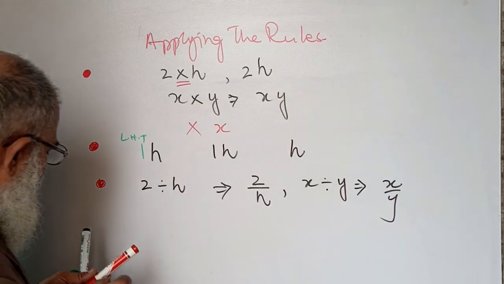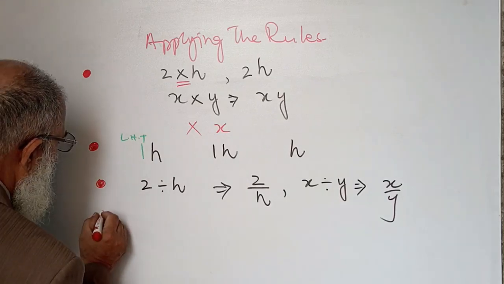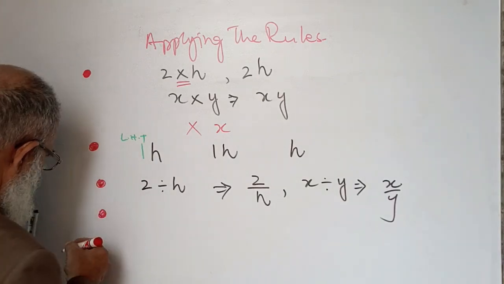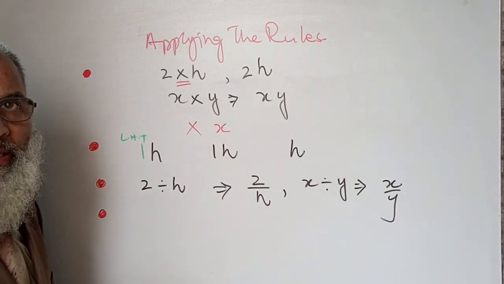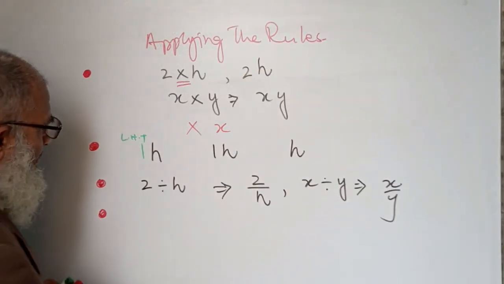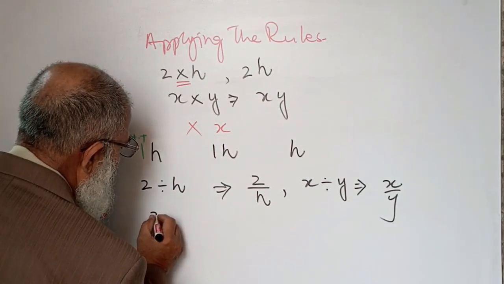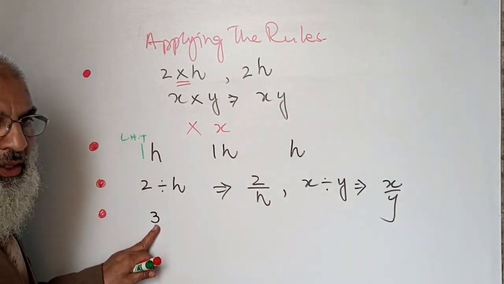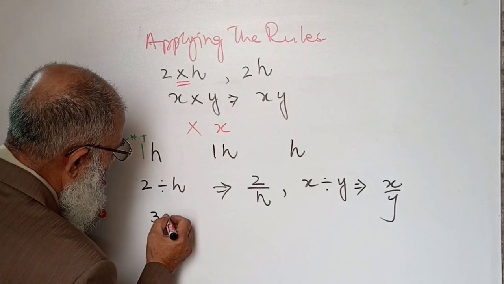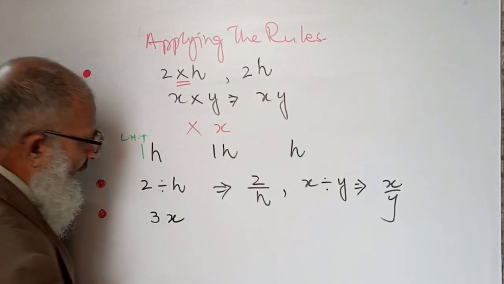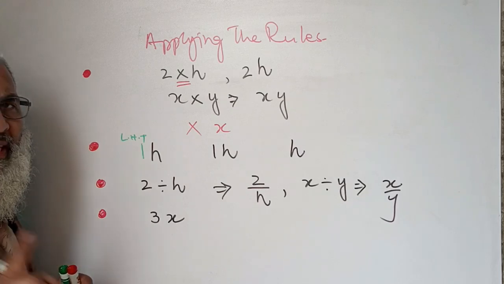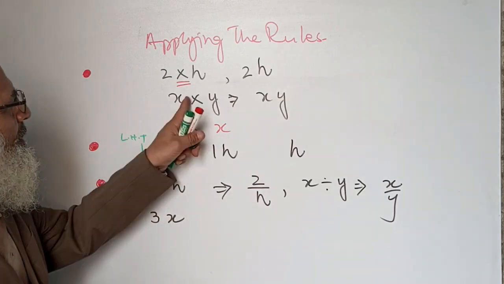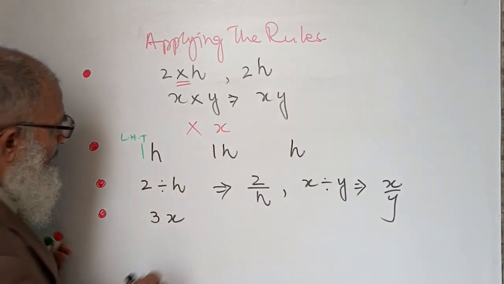Now one thing more, when we have to show the product of any number, for example 3 into x, remember what I told you, that we don't use the multiplication sign.